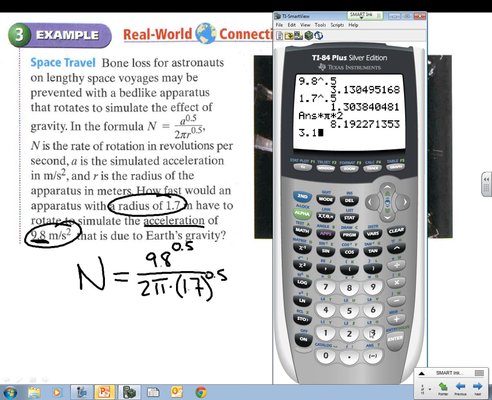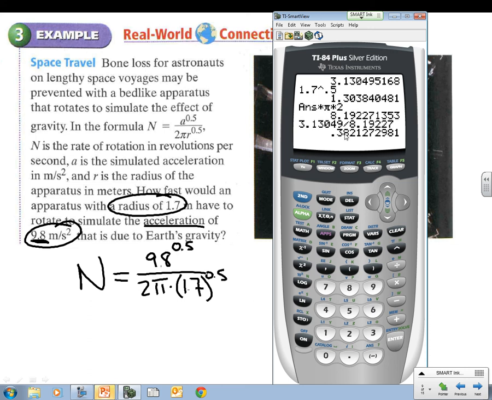So let me approximate it. 3.13049 divided by 8.19227. And on your calculator, you're going to want to press the up arrow key to go grab those numbers. This simulated computer version doesn't do that, so we have to type them in. Press enter. You should get 0.38. Okay, and that's our answer for example 3.